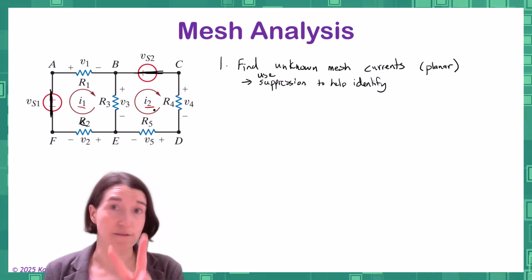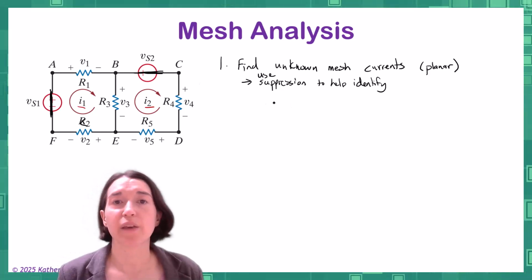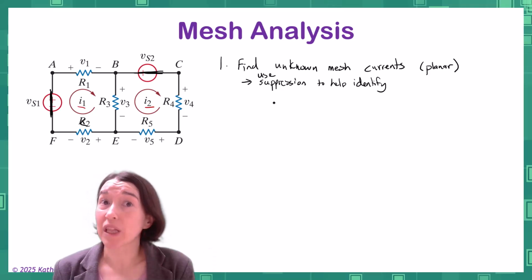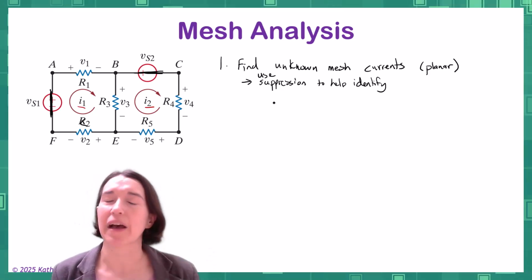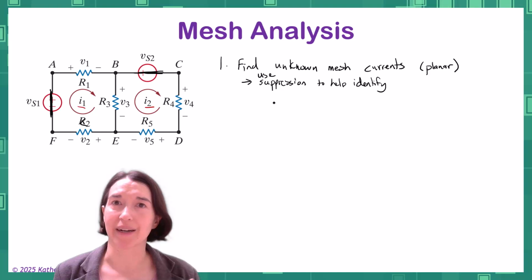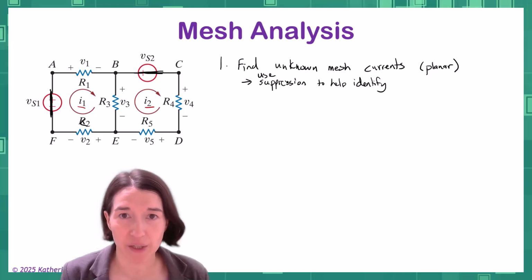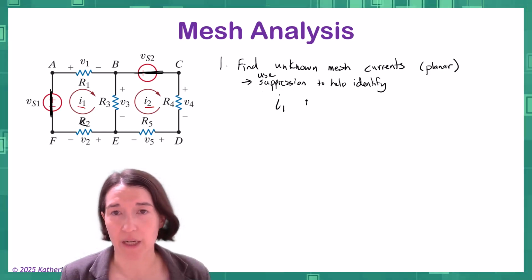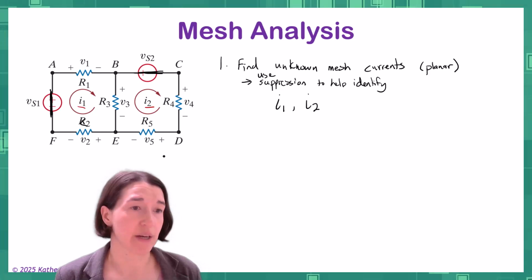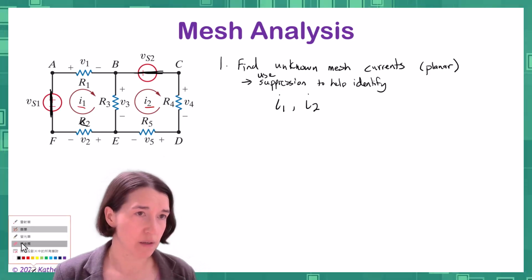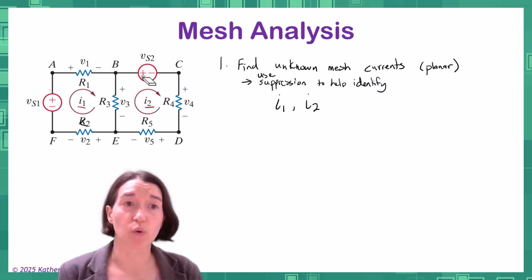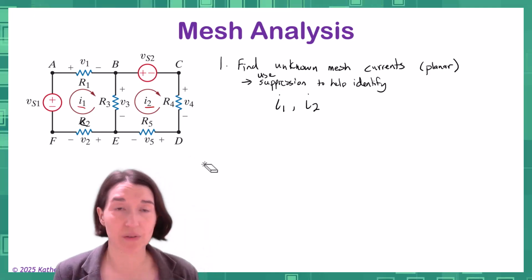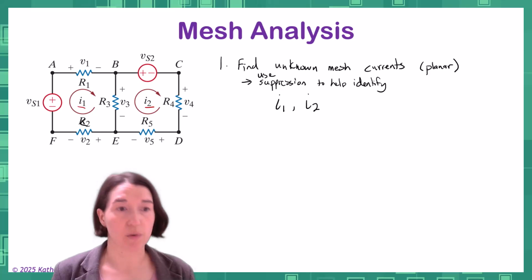So we'd have two independent ones here. If we suppress the sources and we get an open, the current cannot flow, and that's when we know that it would not be an independent one. So here I1 and I2 are two independent ones. So let's erase this suppression. Now we ignore suppression. It was just a tool we used. All right, so now we have two unknown mesh currents here.